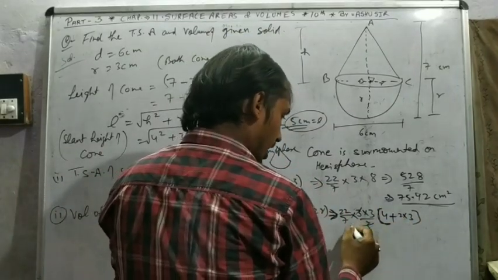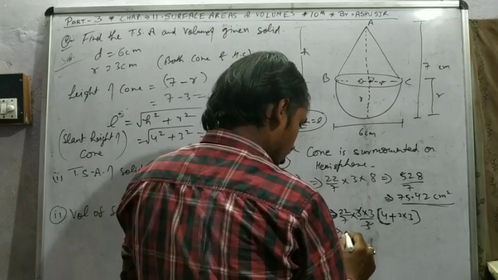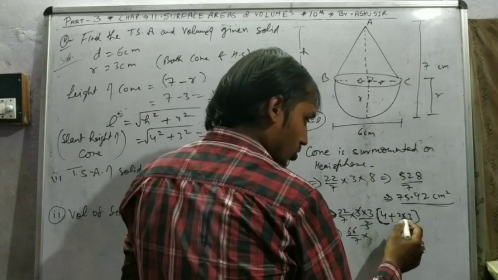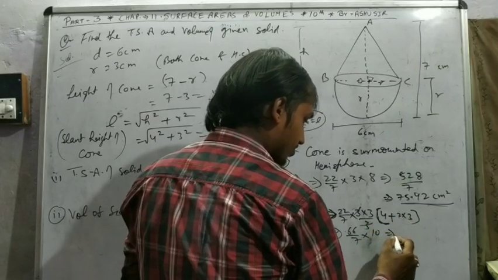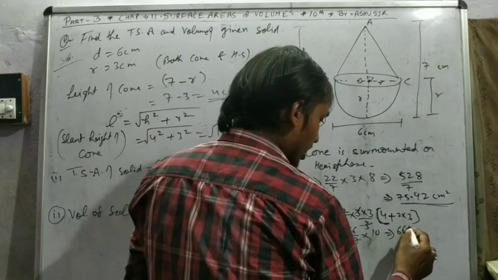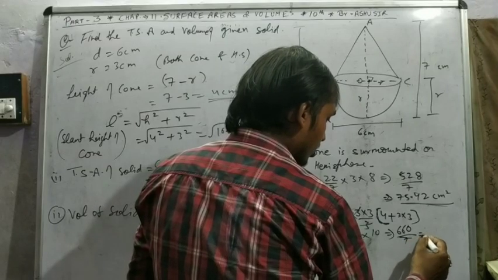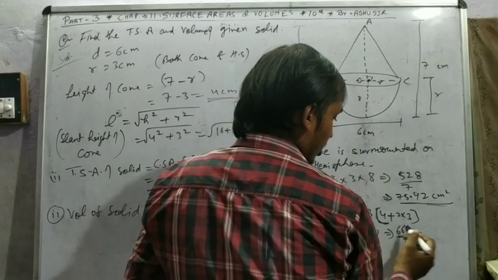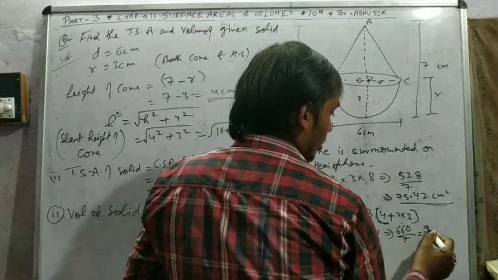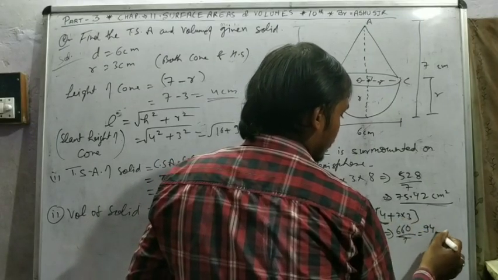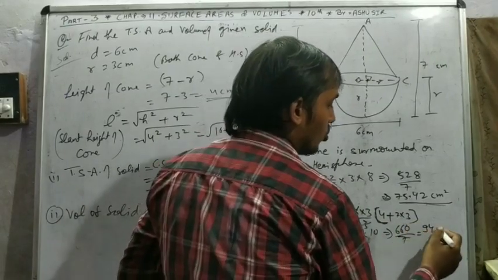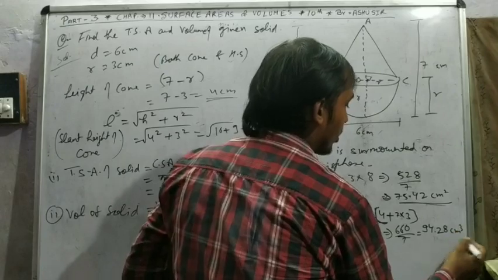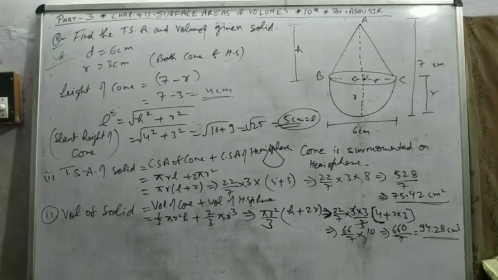Solve then. 3 cancels. 66 by 7 into 2 threes are 6 plus 4, 10. So 660 by 7, that is 94.28 centimeter cube is the volume of the resulting solid.